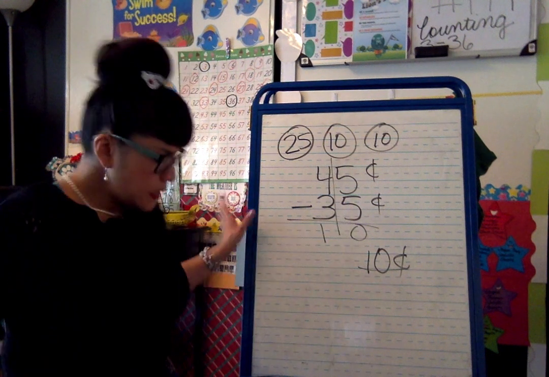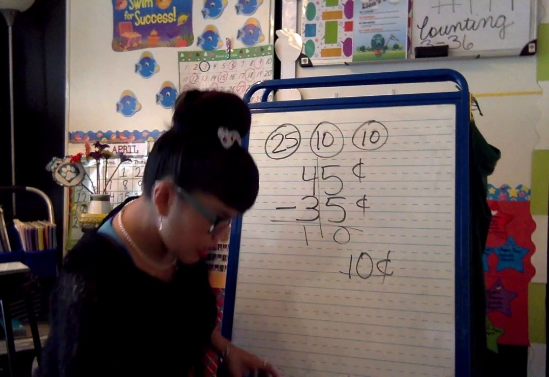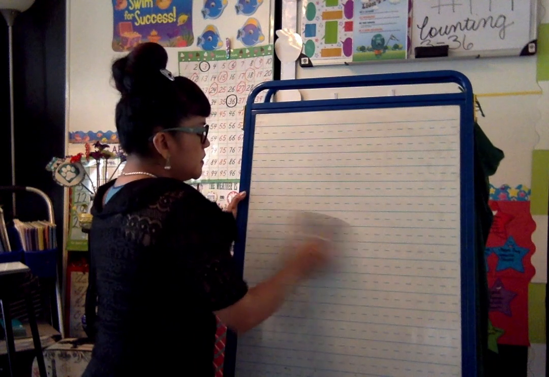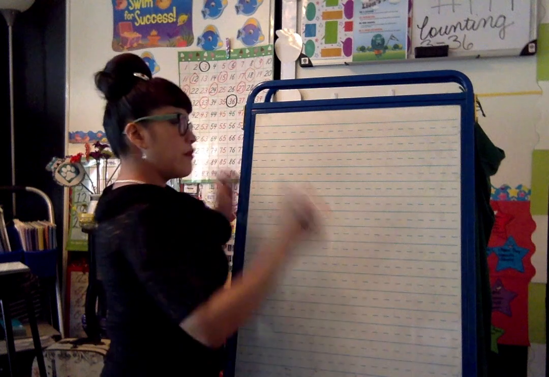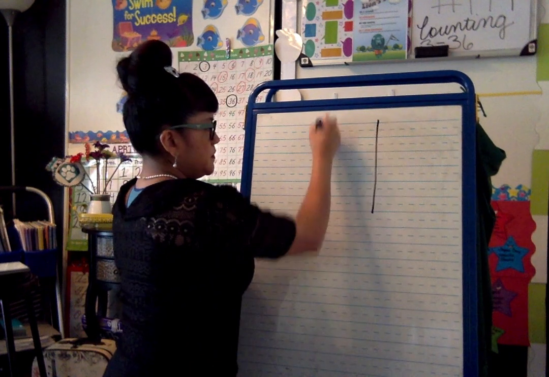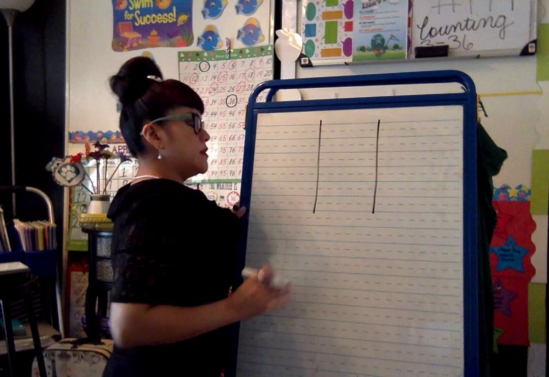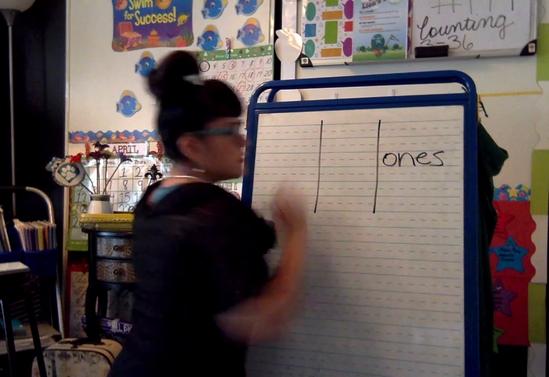Okay. Now, a quick review about place value. When we were talking about place value, just remember that right here, furthest to the right, is your ones place. Ones, right?